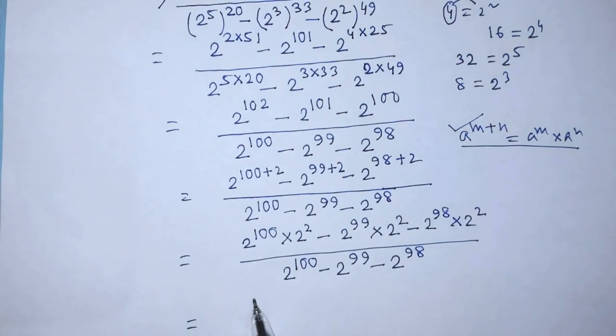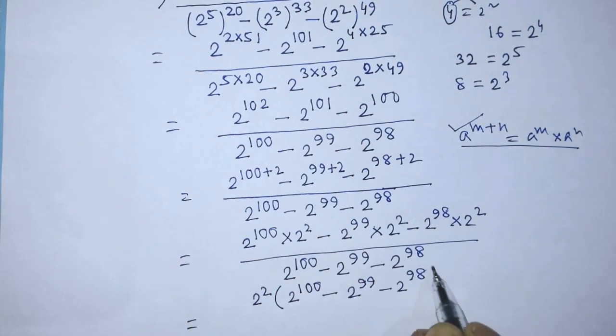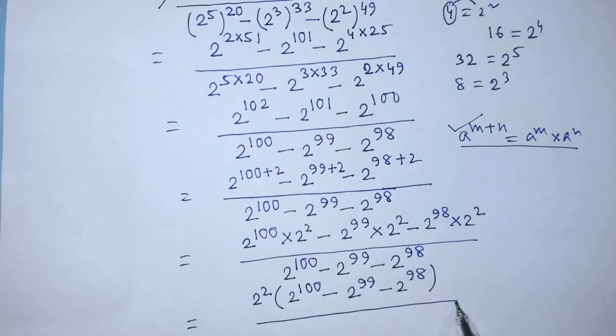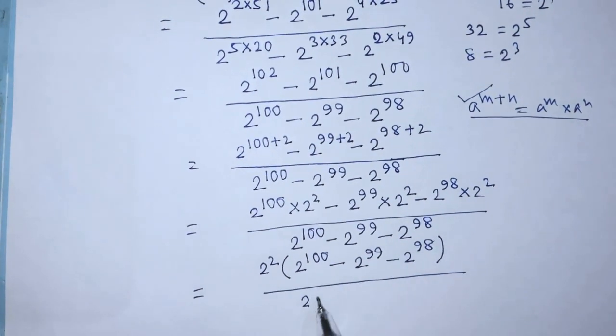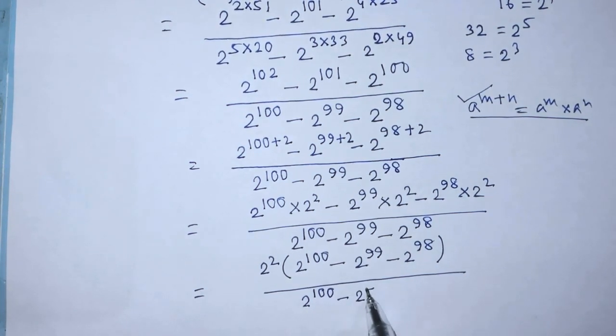So we have to write 2 to the power 2 times (2 to the power 100 minus 2 to the power 99 minus 2 to the power 98) over, again, 2 to the power 100 minus 2 to the power 99 minus 2 to the power 98.